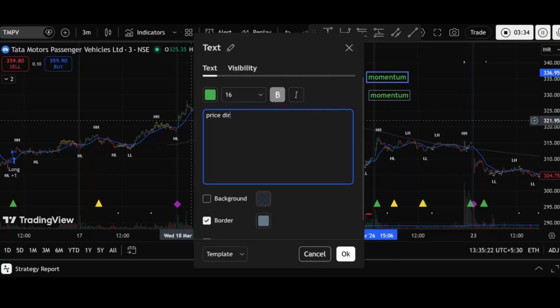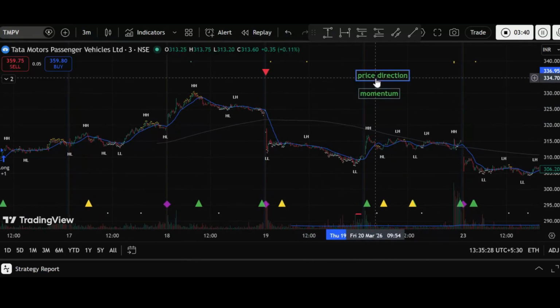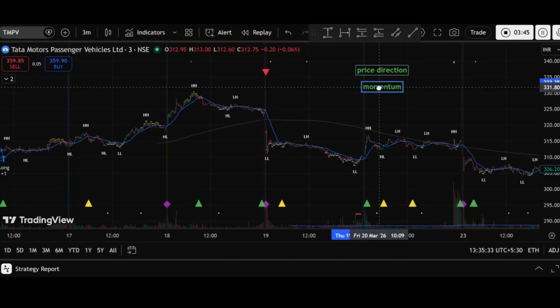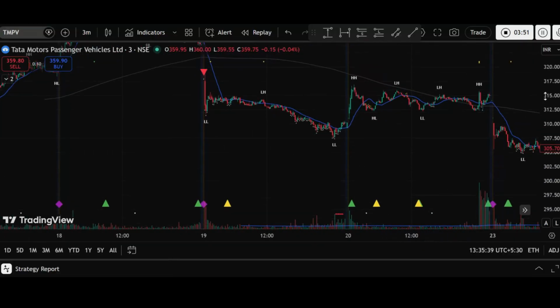Price direction is an important indication as well. Price direction plus momentum without obstruction leads us to an overbought or an oversold zone.